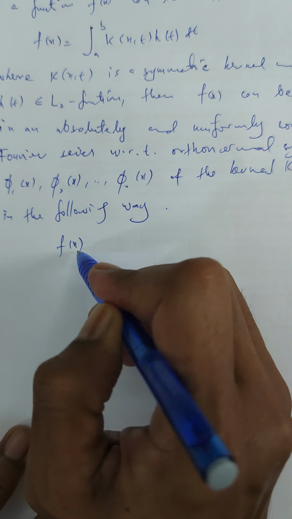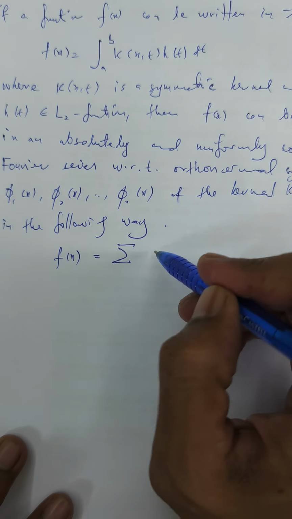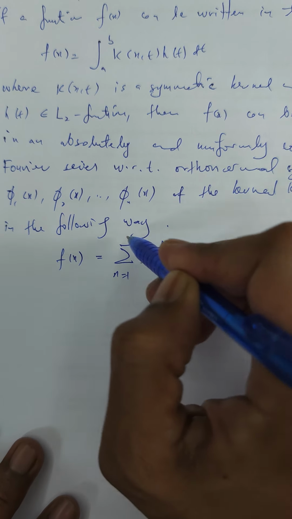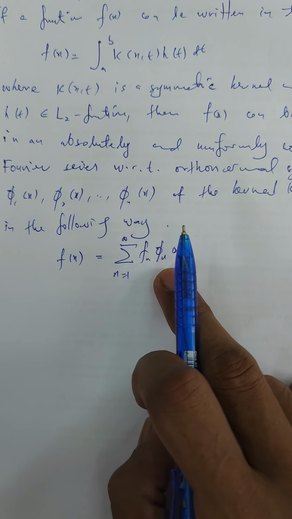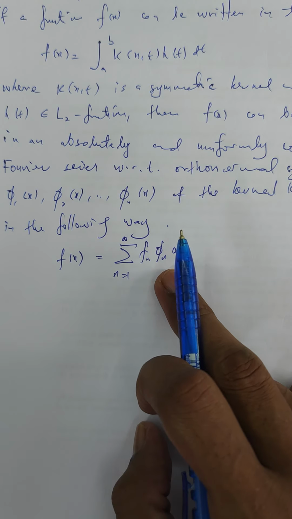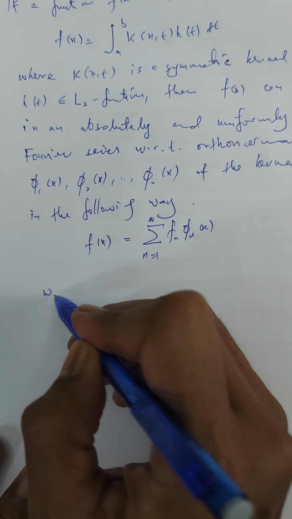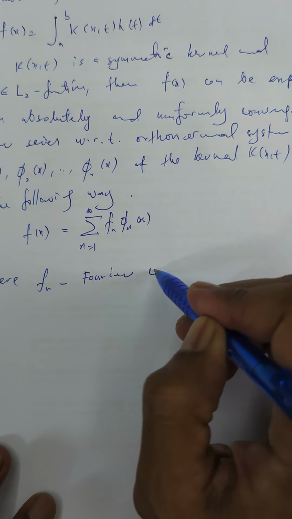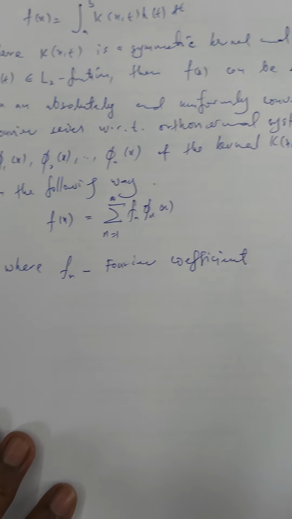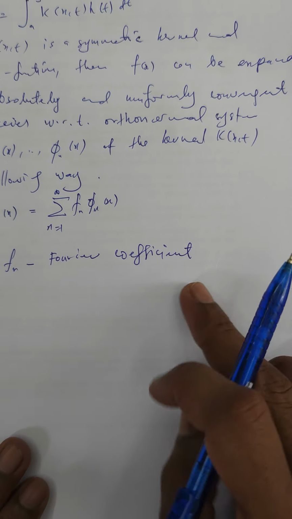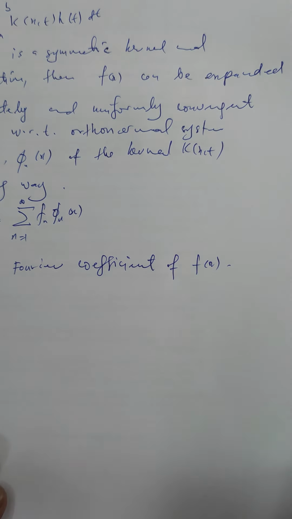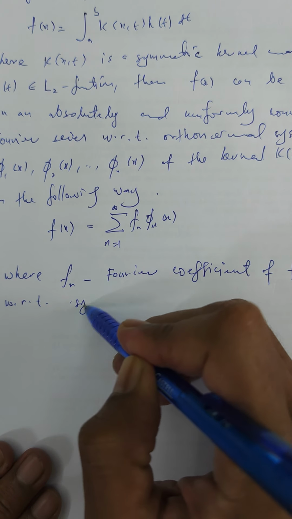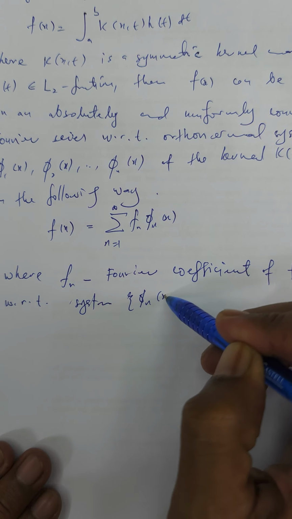f(x) can be written as the summation of f n phi n(x), n from 1 to infinity, where phi n is the corresponding autonomous eigenfunction, and f n we call the Fourier coefficient of the function f(x) with respect to the system phi n(x).